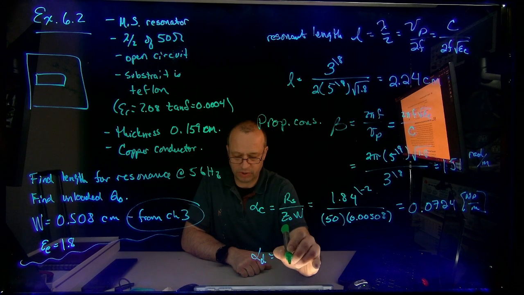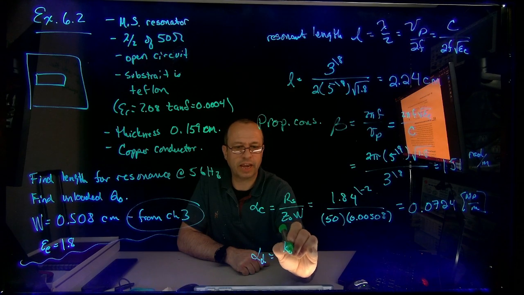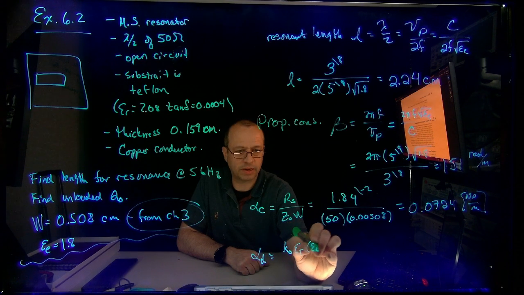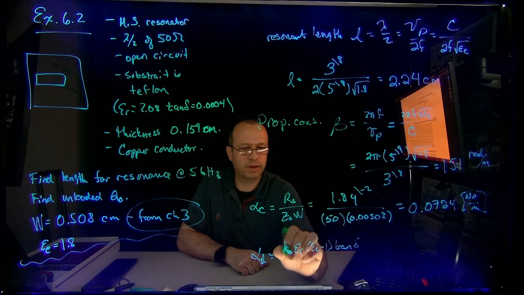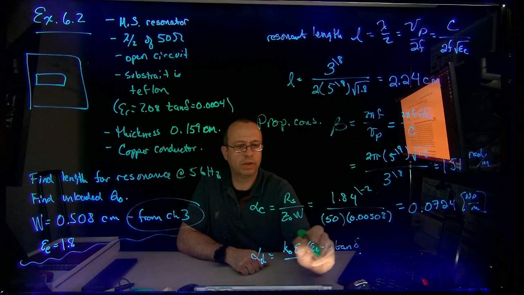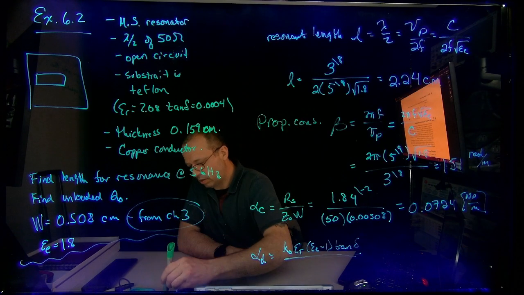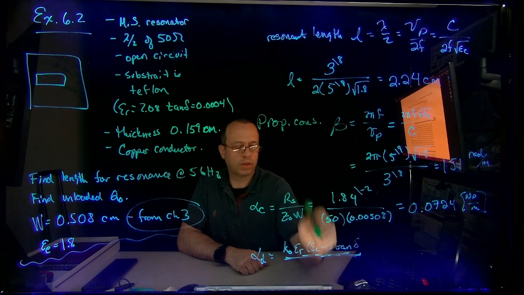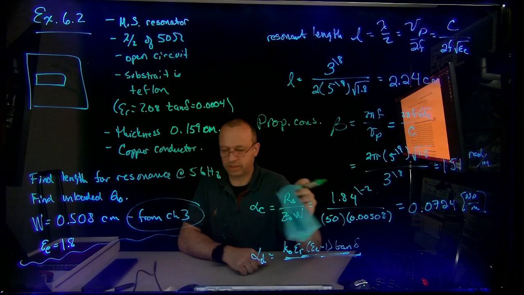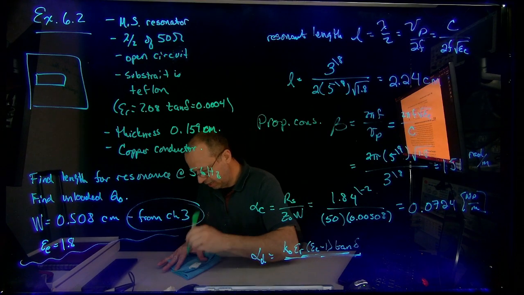And this is K naught epsilon R times epsilon E minus 1 times this tangent gamma over, and of course the pen's deciding it does not like me today.